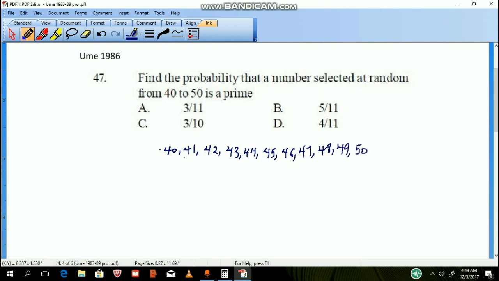From 40 itself to 50 is 11 numbers, so we are meant to have over 11. Now how many are prime? 41 is prime, 43 is prime, 47 is prime. So there are 3 numbers, that is 3 over 11.